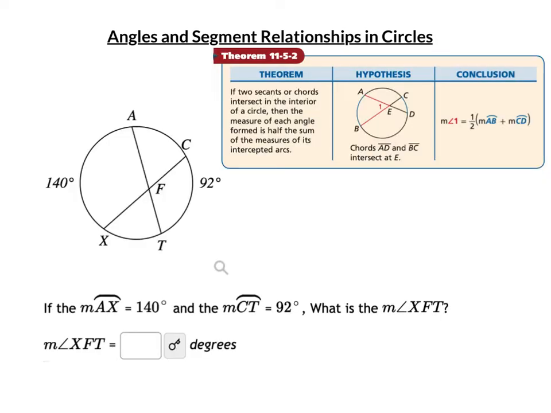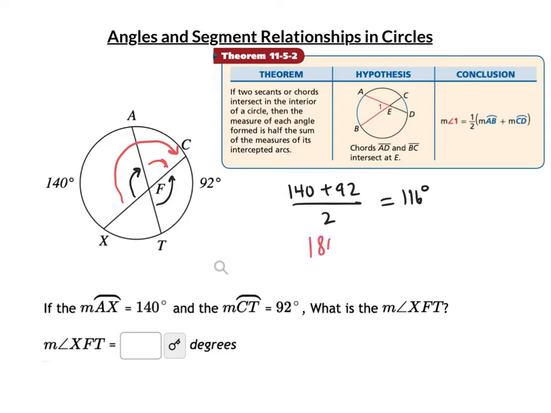Here's an example of that theorem in action. If I'm going to find this angle right here, or this angle, I just add up the two arcs, 140 plus 92 degrees, and divide by 2. That is 116 degrees. If I need to find this angle, I'll use the fact that these two are a linear pair.